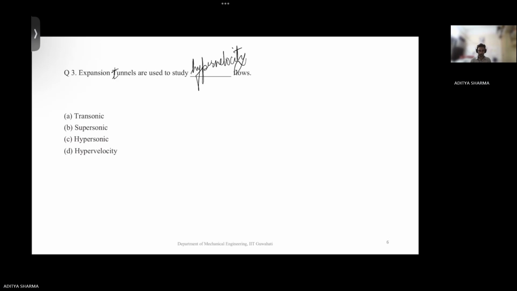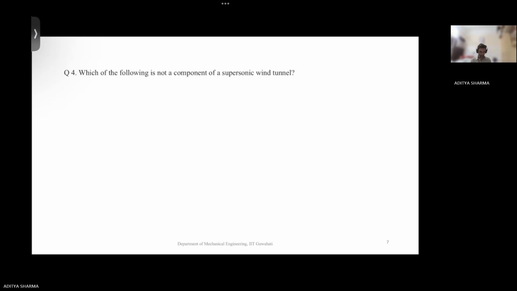Question number 3. Then next question. So please read the question and try to answer this. This is about supersonic wind tunnel.